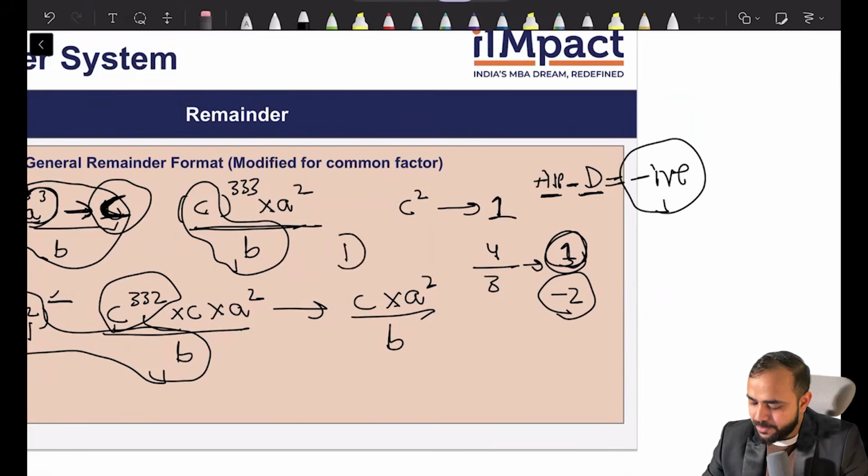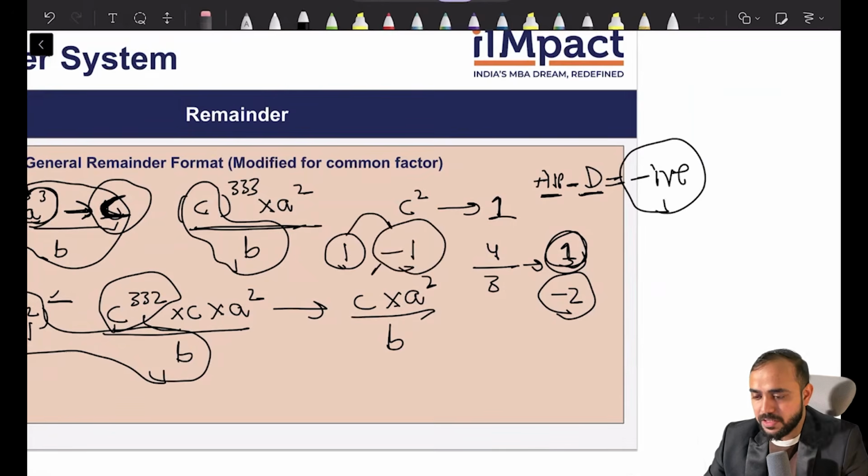We look favorably upon 1. Our whole agenda is to get 1 ASAP in the remainder, or minus 1. We don't have any preference between these two. Both of these will work just fine for the simple reason that these two numbers raised to any given power can be very easily calculated, which was the whole idea behind getting 1 or minus 1.